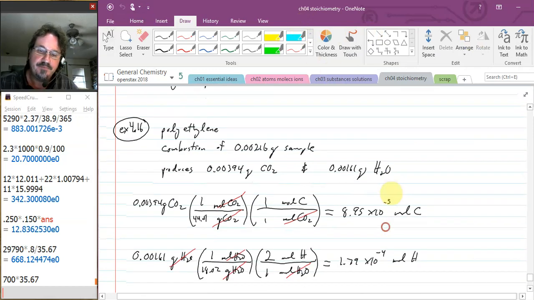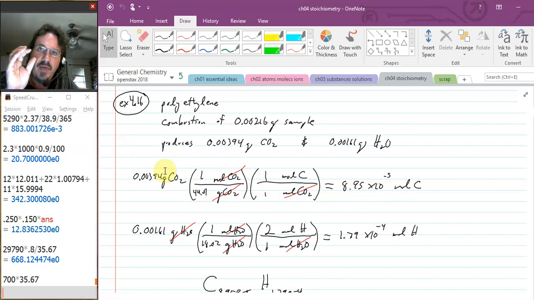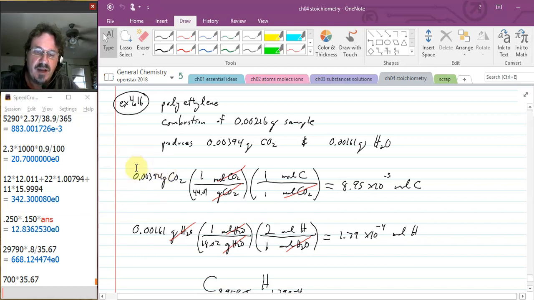Let's set it up. I just copied down the data from the problem. I'm going to do some stoichiometry here and figure out how many moles of each one I have. I know all of my carbon becomes carbon dioxide, so I'm going to start by looking at the carbon dioxide first. That will tell me how many moles of carbon must have been in that polyethylene sample. 0.00394 grams of CO2, they told me that's how much was produced.